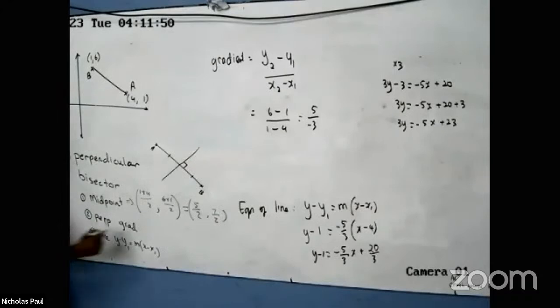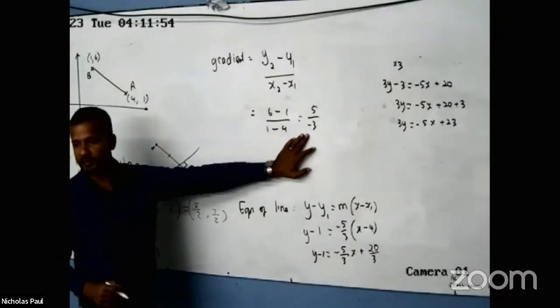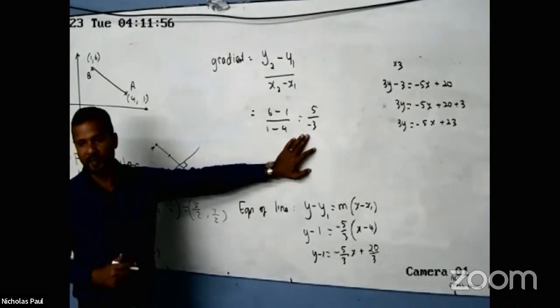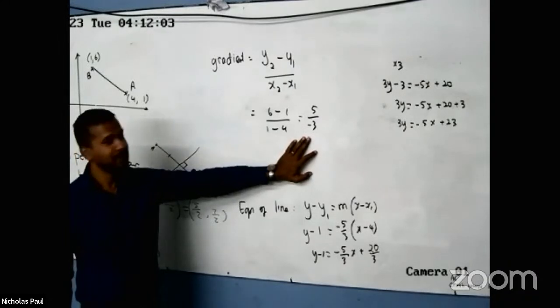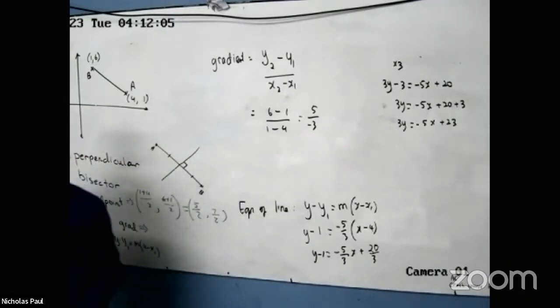What would be the perpendicular gradient? The gradient of the line was 5 on negative 3. What would be the perpendicular gradient? Jacob. Perpendicular gradient.